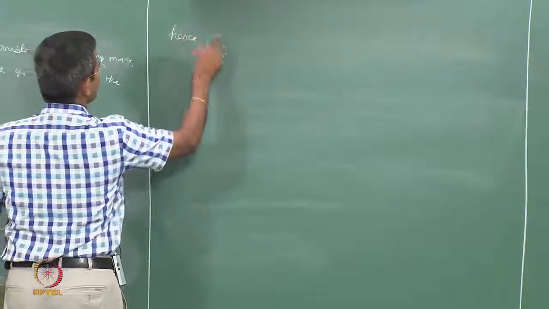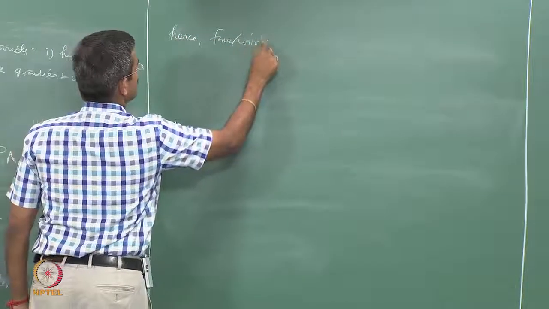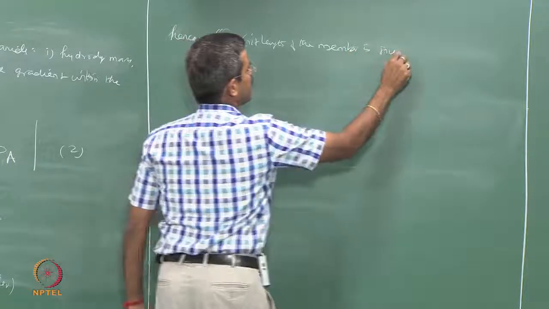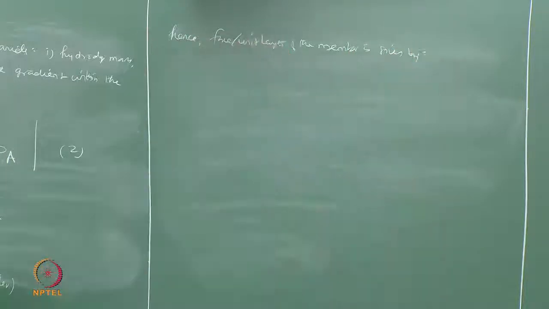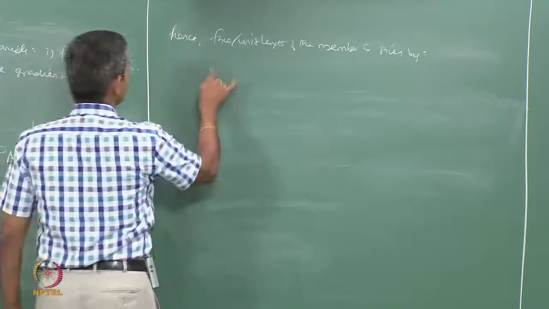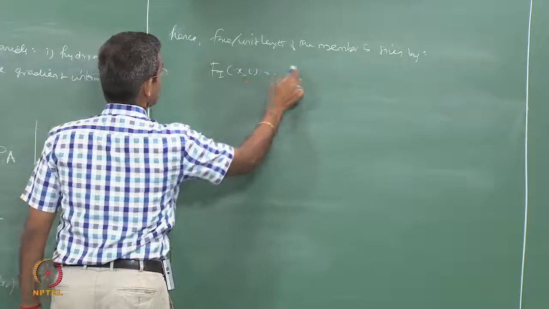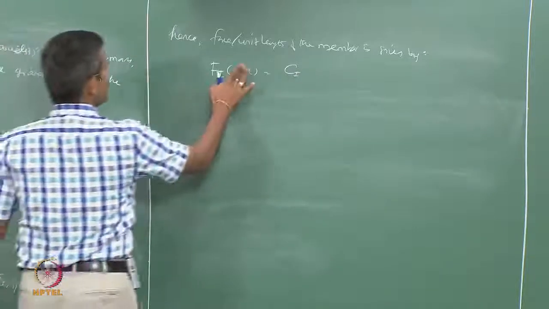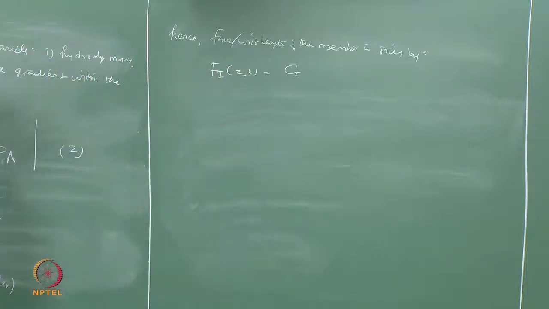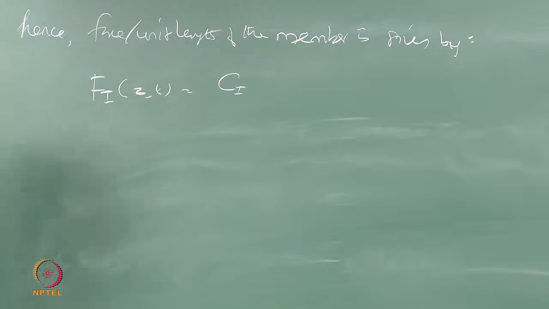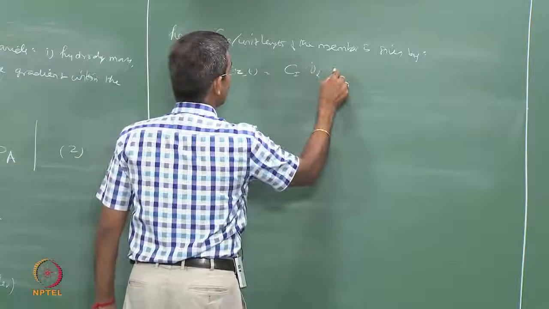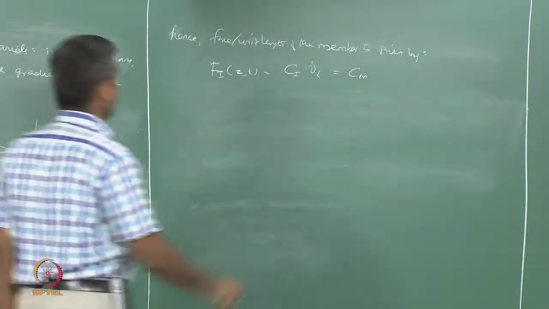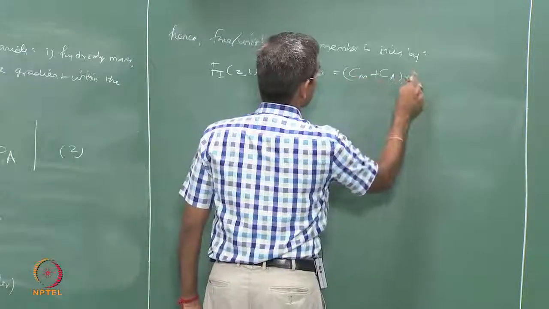Hence, the force per unit length of the member is given by Fi of z, t, which is Ci Vx dot, which is Cm plus Ca, Vx dot.